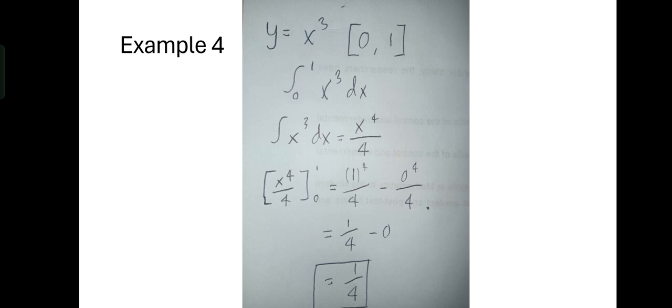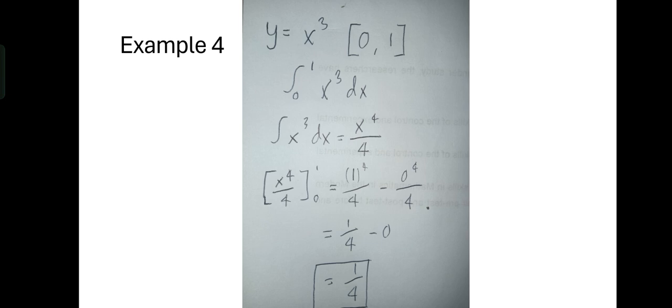Now we're going to find the integral of x cubed with respect to x by applying the power rule of integration. After using that, we have here x raised to 4 over 4. The next step in solving this problem is to evaluate the definite integral using the limits of integration.